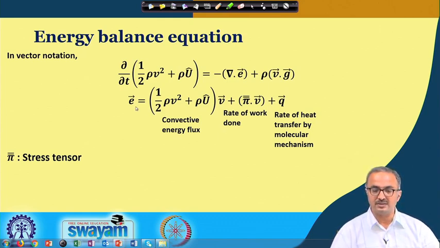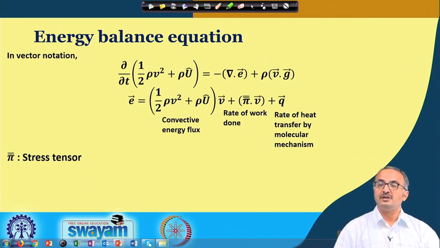And in this you can see that E has three basic contributions. One is the convective energy flux, then this is the rate of work done, and this is the rate of heat transfer by molecular mechanism, and this pi is the stress tensor. More detail can be found in any book on transport phenomena, and I have given some references at the end of this lecture.